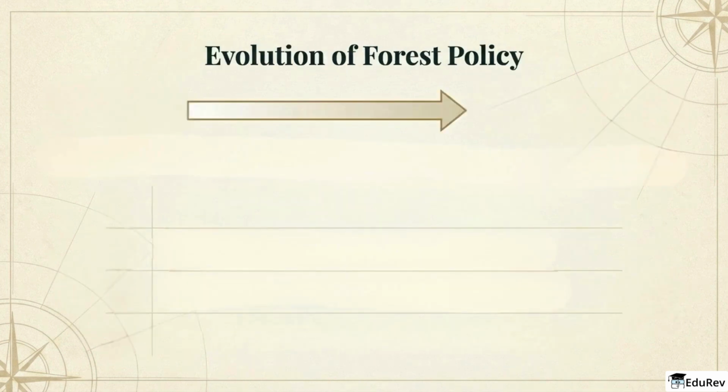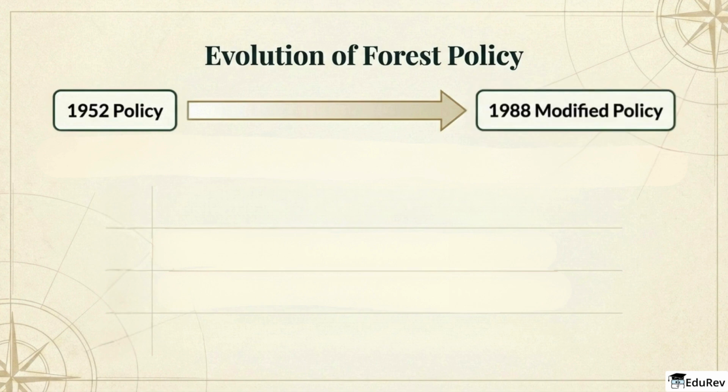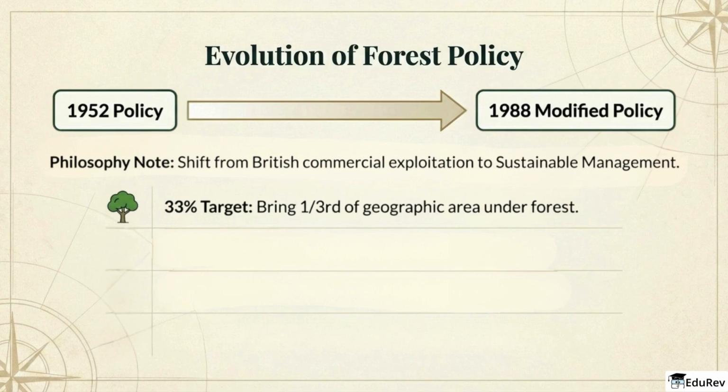Now we move into policy. India's forest policy evolves here from the 1952 policy to the 1988 modified policy. And the philosophical shift matters more than the dates. The direction changed from the old British-style commercial exploitation model towards sustainable management. The key target was clear: bring one-third or 33% of the geographic area under forest.